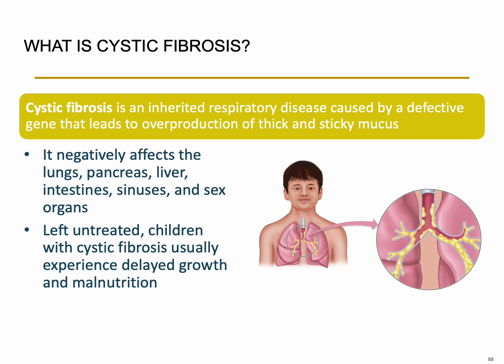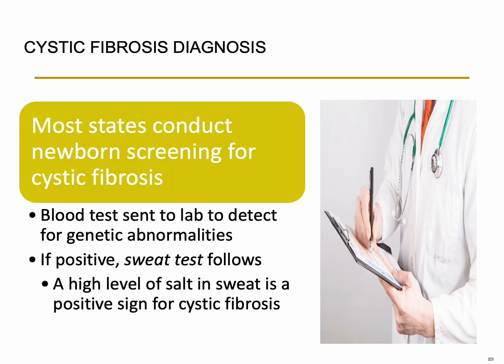The presence of this gene leads to the overproduction of thick and sticky mucus that can impact negatively the lungs, pancreas, liver, intestines, sinuses, and sex organs. Cystic fibrosis is the most common inherited respiratory disease in the West, and the incidence is about 1 per 3,000 live births.